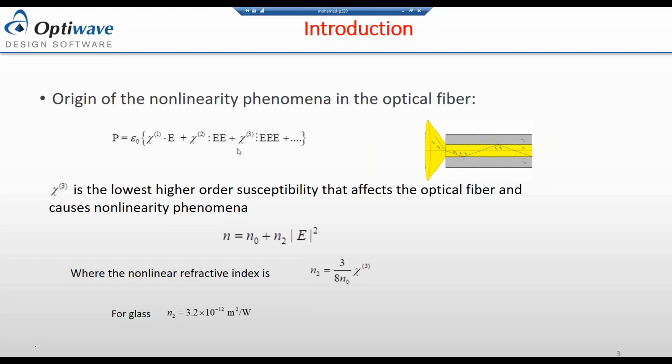The relation between the nonlinear index n2 and chi3 is given here and is written in much of the literature. The total refractive index would be the linear one plus the nonlinear one times the field intensity. And as you know, the value of n2 for the fiber is very low, about 3.2 times 10 to the power minus 12.